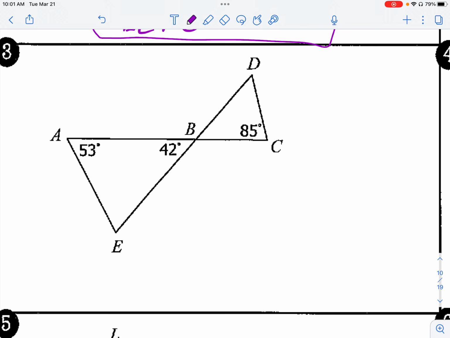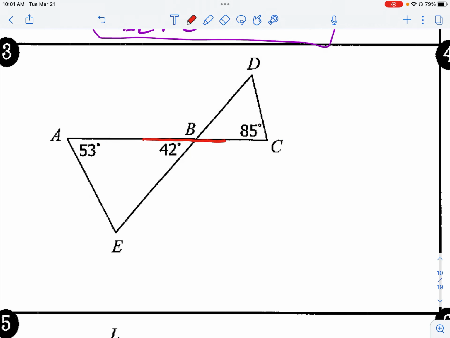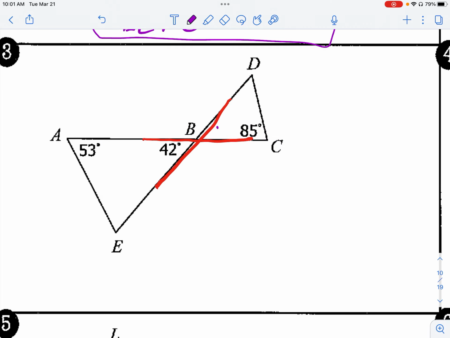Number 3. Well, we got a bunch of angles here. We got 2 in one triangle, 1 in the other. So let's see what we can prove. Well, first thing we got is we have our big X here, which means we have vertical angles. So this is 42.